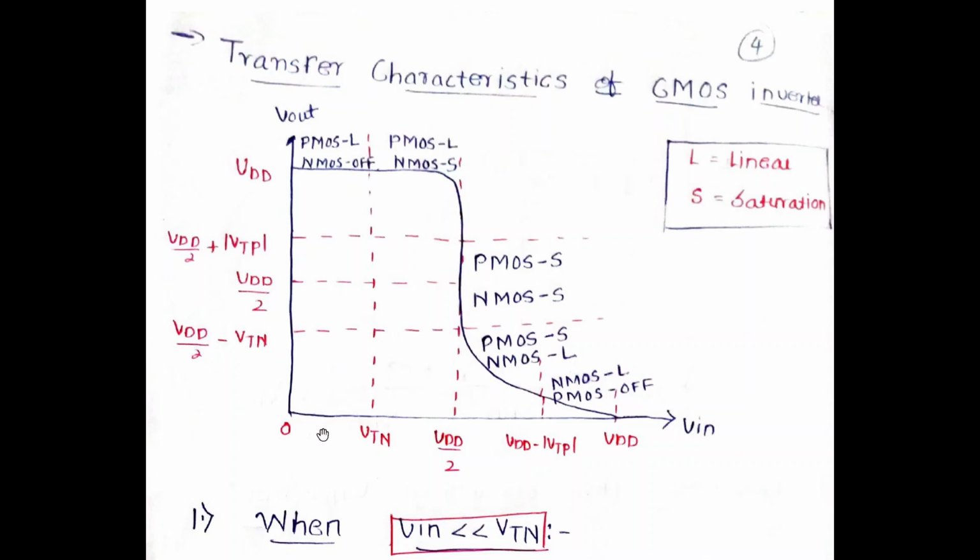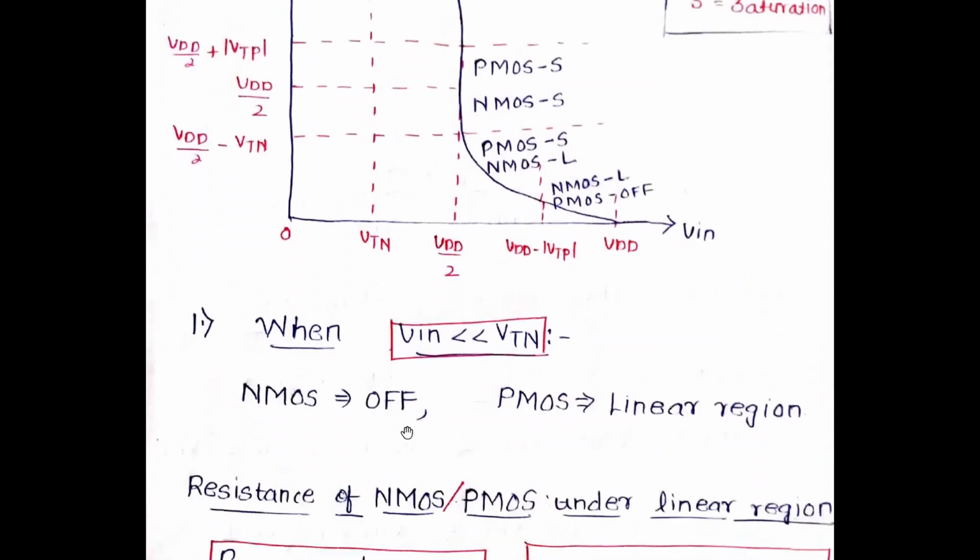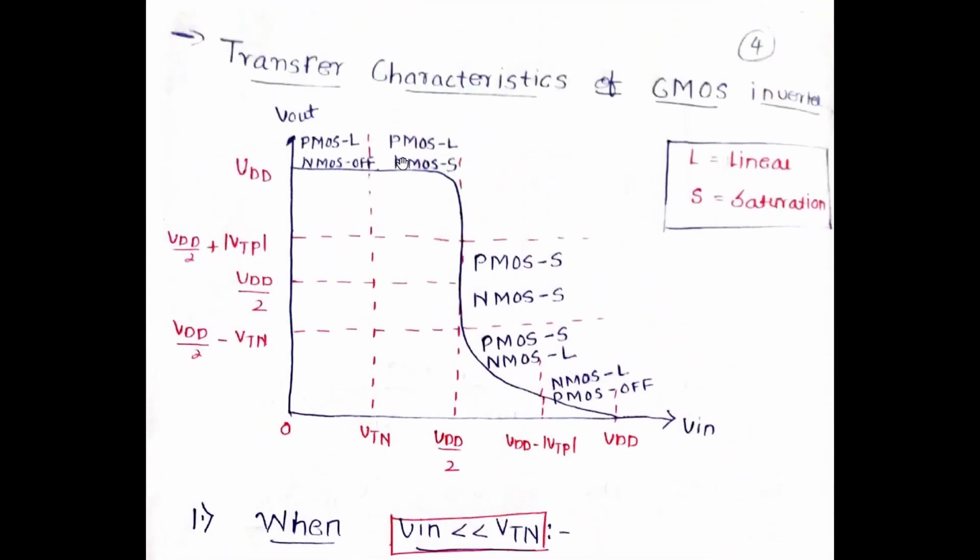When the input voltage is between 0 and VTN, or my input voltage is less than VTN, the NMOS in the CMOS inverter is off and the PMOS remains in linear region.